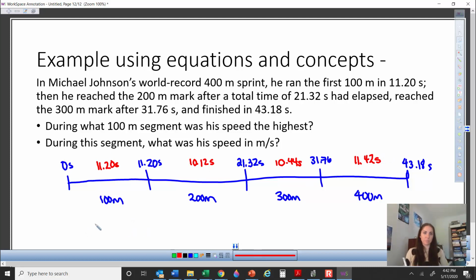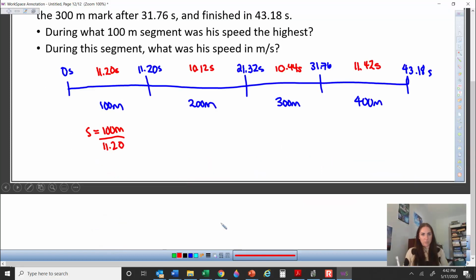If I want the speed of each of those segments, it's going to be 100 divided by the time, because from here to here is 100.